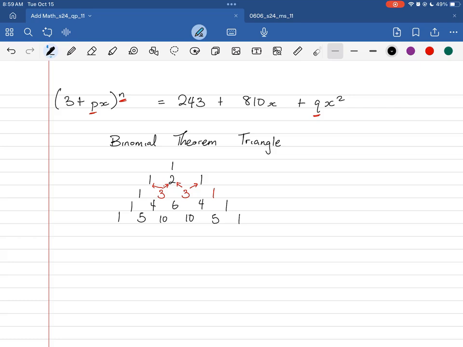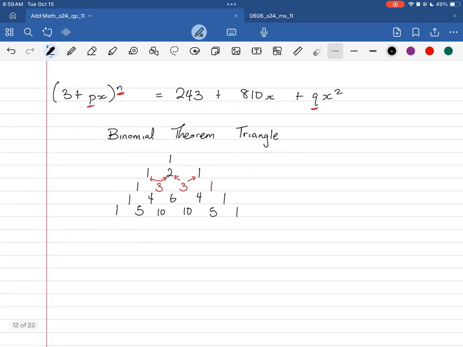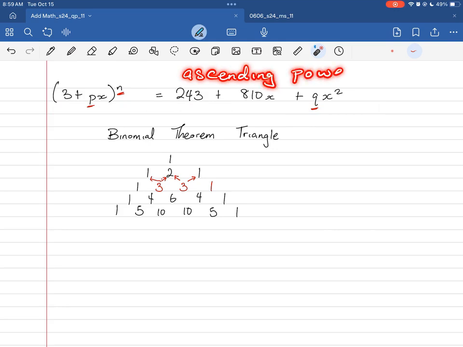So now let's go back to the question. We have (3 + px)^n equals this, and this is in ascending powers of x.